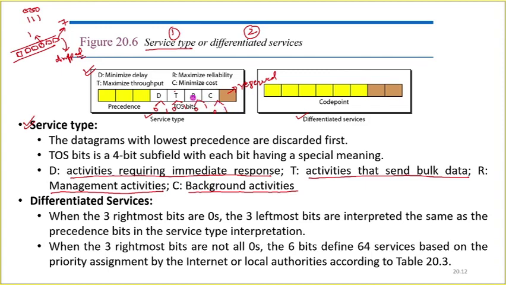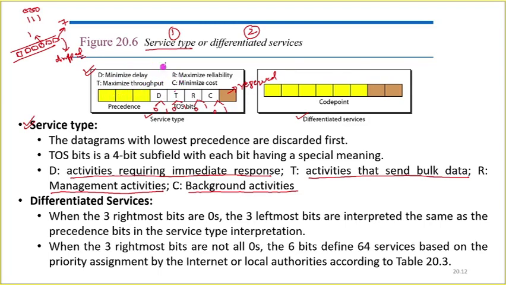But in any service type, more than 1 bit cannot be 1 here. Either D will be 1, or T will be 1, or R will be 1, or C will be 1. No two of the bits can be 1 at one time. So this is the basic idea for representing the service type of 8 bits.